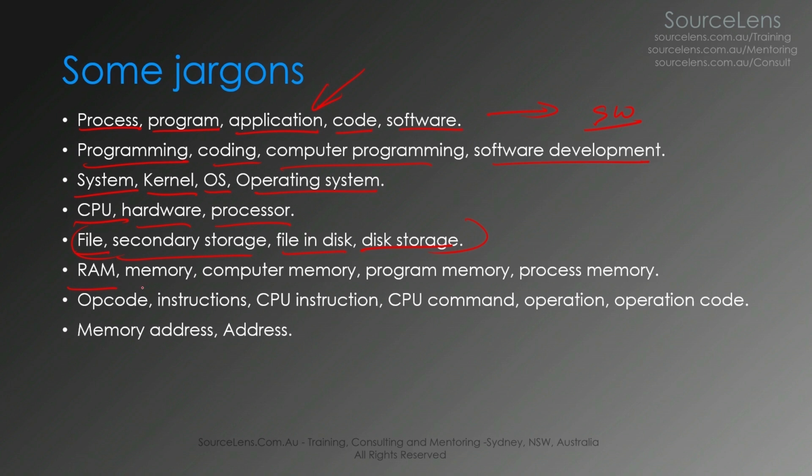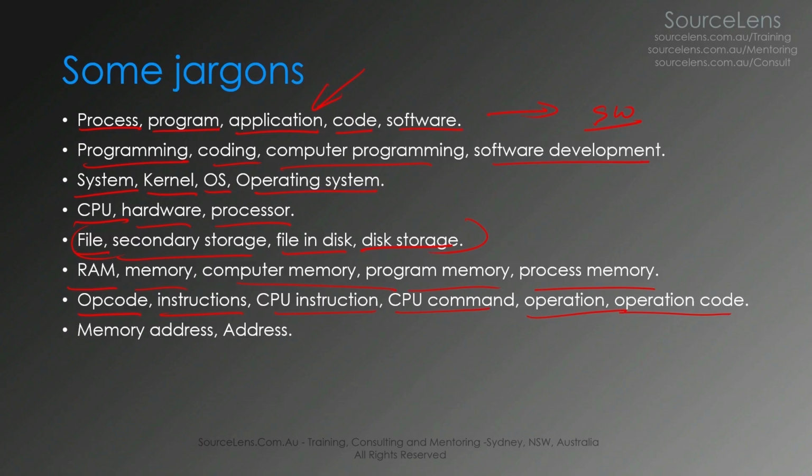RAM, memory, computer memory, program memory, process memory all refer to the random access memory, the chip we have seen. Remember that long chip with a lot of black ICs on it? So, 4 chips, that's right. Yes, that is what I'll be referring to. Opcode, instructions, CPU commands, operations, operation code: everything is a single instruction to the CPU.